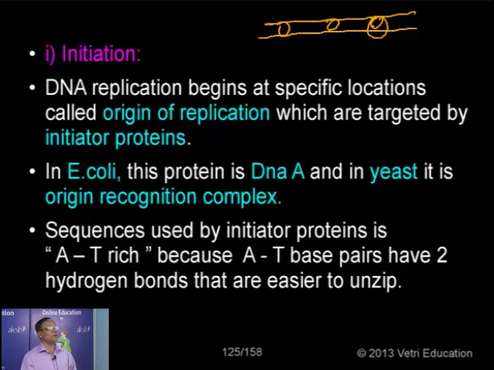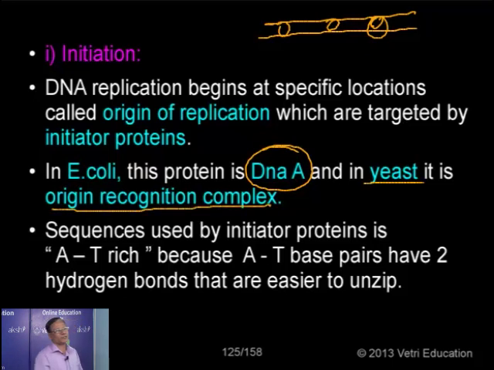In the case of E. coli bacterium, the DNA is circular, and there is one protein which normally acts as the initiator protein, called DnaA. The protein is not a nucleic acid, the protein is called DnaA. In yeast, the same protein is called the origin recognition complex. Normally, these initiator proteins use certain sequences.